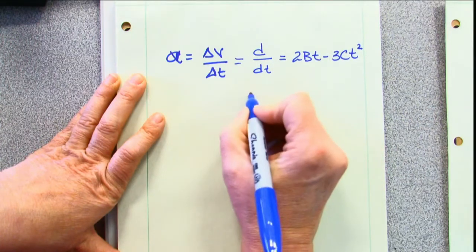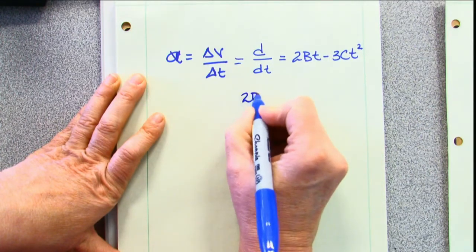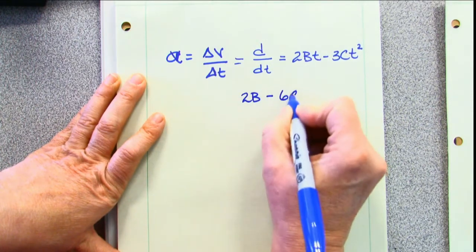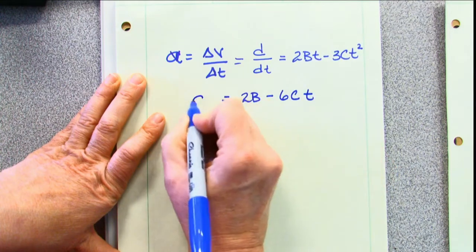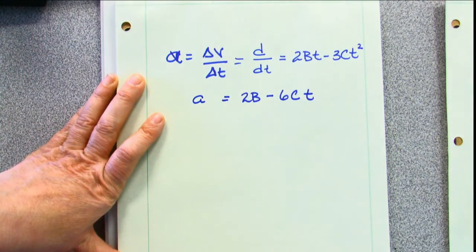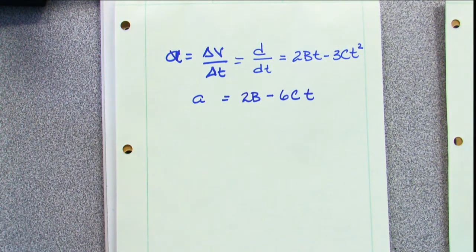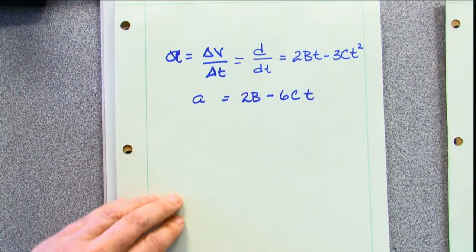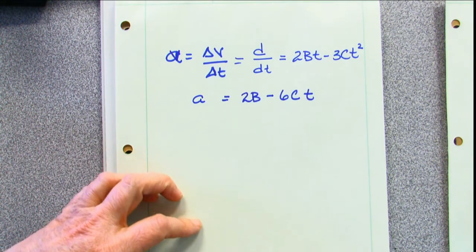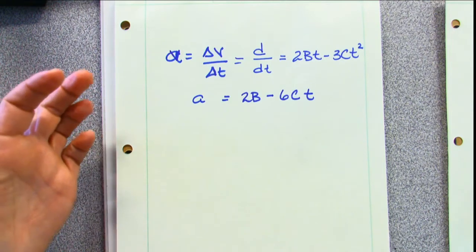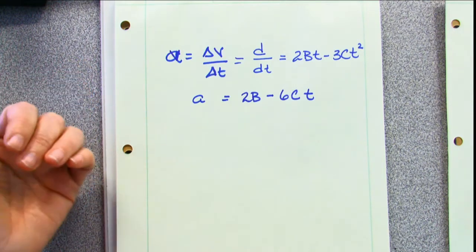This now becomes 2b minus 6ct, and that's my new description for acceleration. So we can do a variety of different things to help us out. And that's just the math for it.